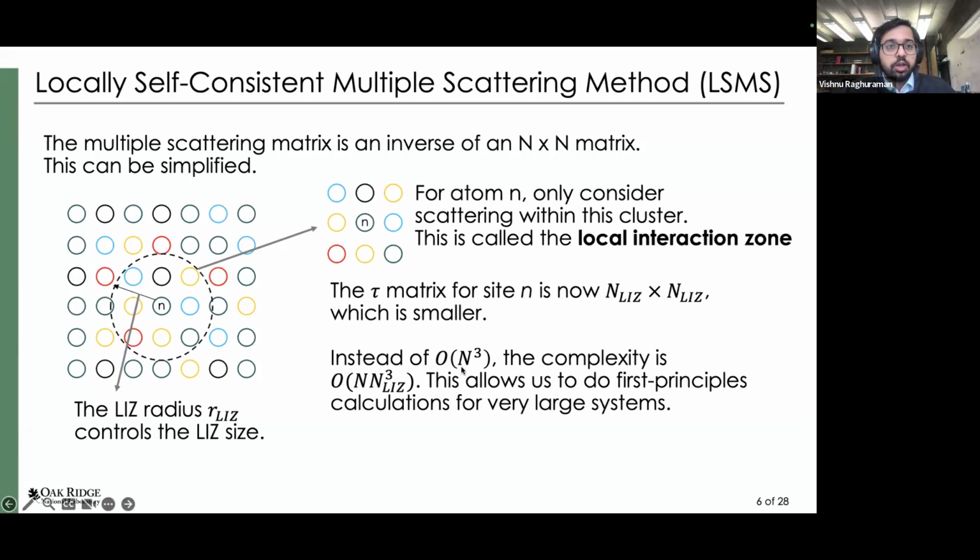So instead of having an N cubed scaling, your code now still scales with the cube of the LIZ, but it scales linearly in the number of atoms. For a fixed LIZ, if you increase the number of atoms in your system, you should observe linear scaling. This allows us to do DFT calculations for very large systems quite efficiently.